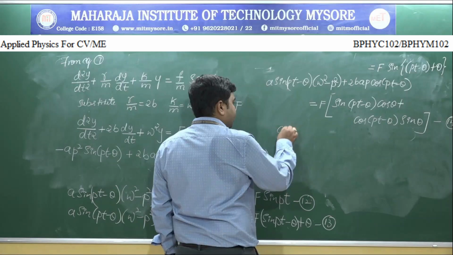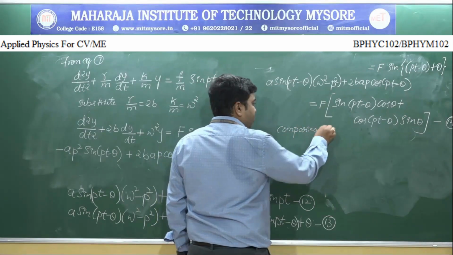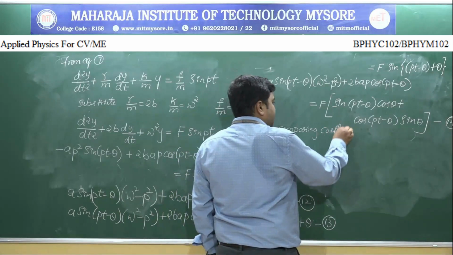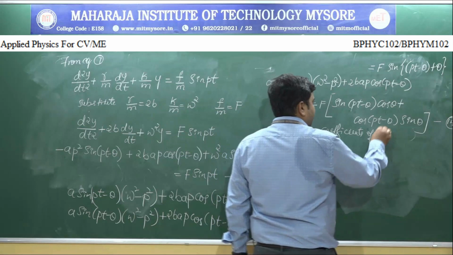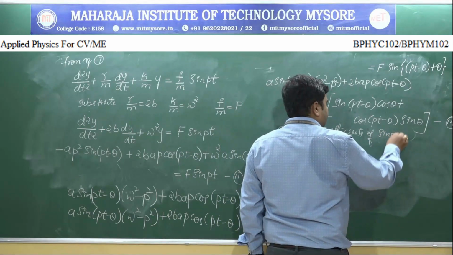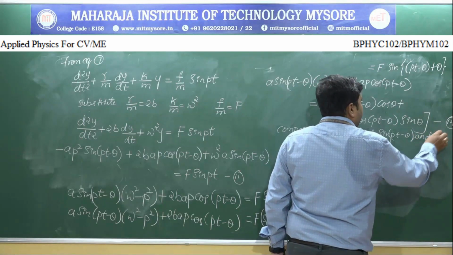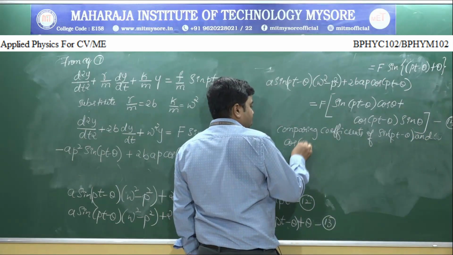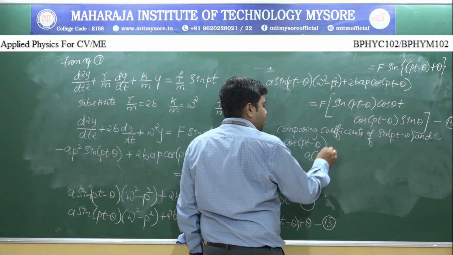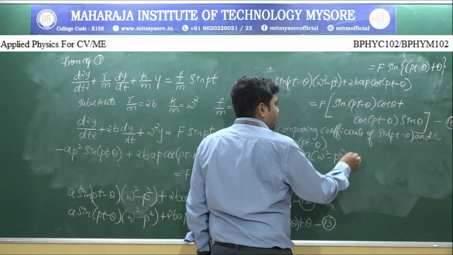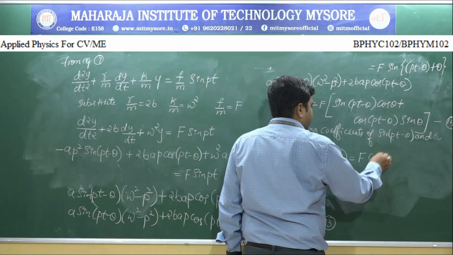Comparing coefficients of sin(Pt − θ) and cos(Pt − θ), A(ω² − p²) is equal to F cos θ.